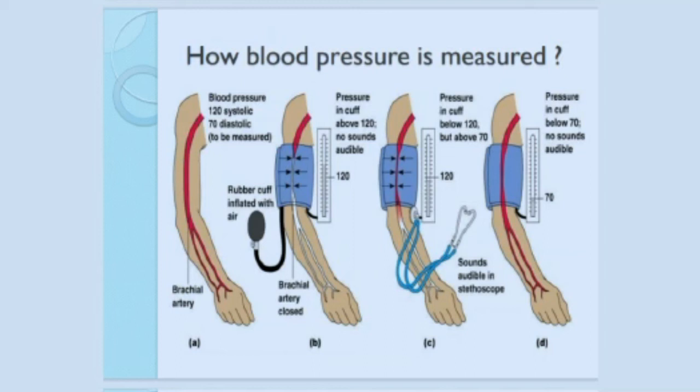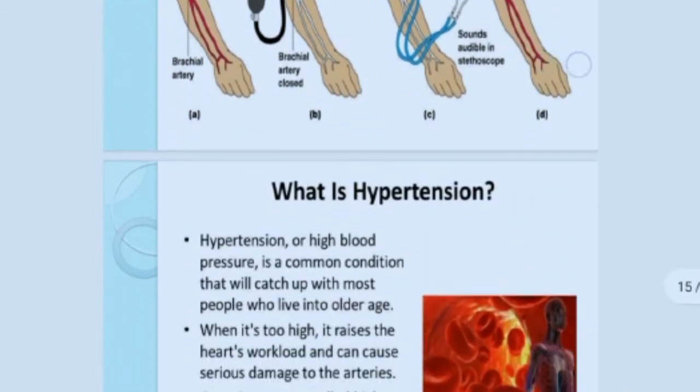The second step is a small valve slowly deflates the cuff and the doctor uses a stethoscope placed over your arm to listen for the sound of blood pulsing through the arteries. That first sound of rushing blood refers to the systolic blood pressure. Once the sound fades, the second number indicates the diastolic pressure, the blood pressure of your heart at rest.